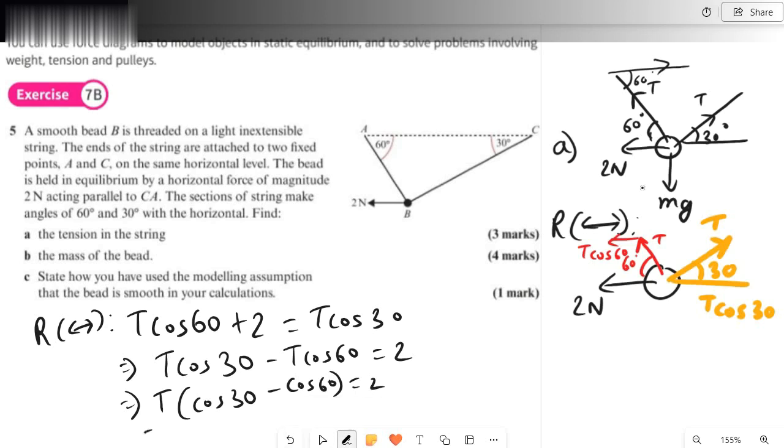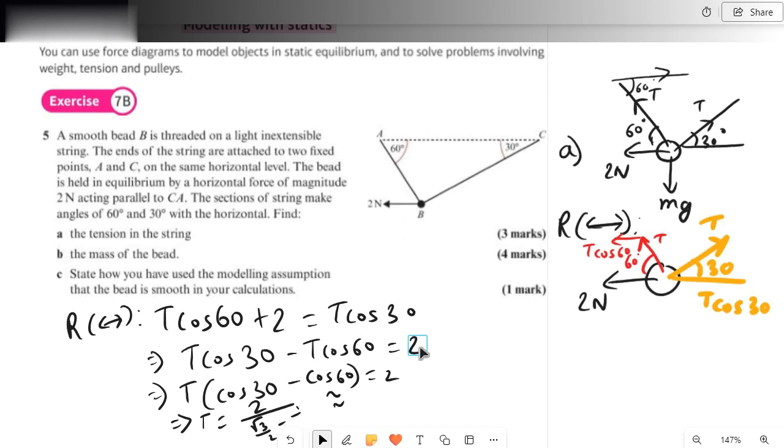So therefore, the tension is going to be equal to 2 divided by cos 30, which is root 3 by 2, minus cos 60, which is going to be half, and this should be approximately equal to 5.46 newtons, and this is our answer.